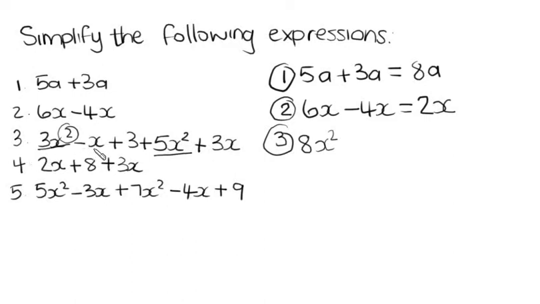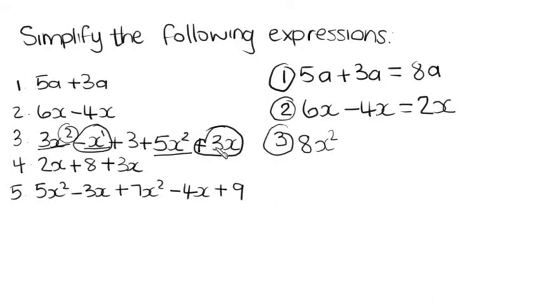I have x with exponent 1 over there. So I need to look at a term that also has the variable x and exponent 1. Let's just circle this one over here. So that will be this term over here. Okay, so I have a coefficient of negative 1 and a coefficient of positive 3.